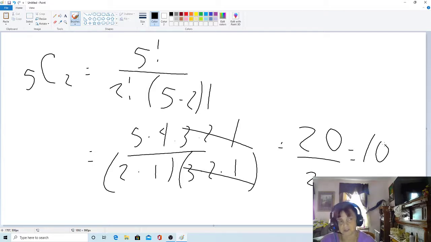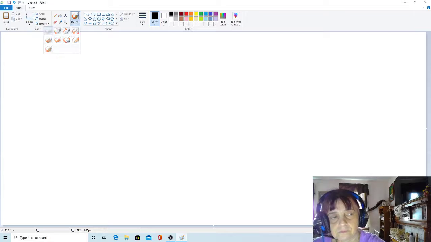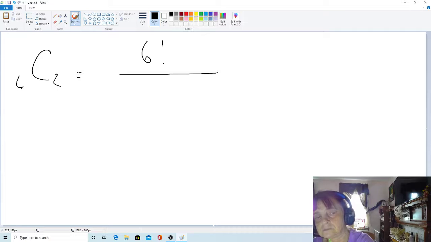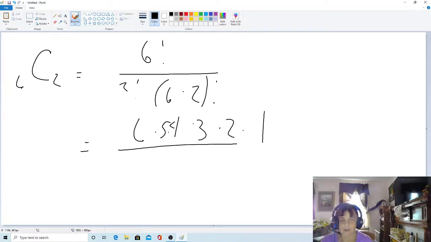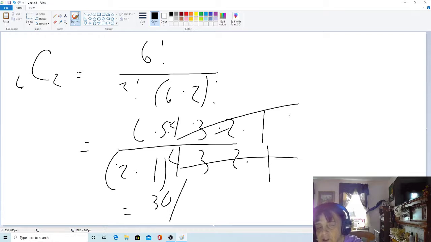Now we have to compute C of 6, 2, which is 6 times 5 times 4 times 3 times 2 times 1. And 4 factorial is 4 times 3 times 2 times 1. And this is 2 times 1, which is 30 over 2, which is 15.